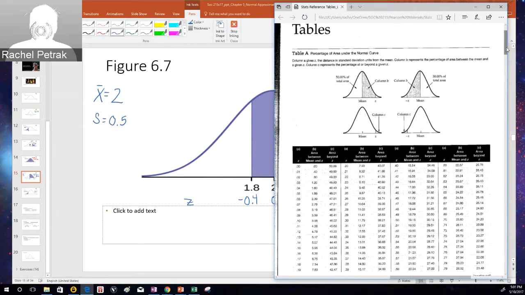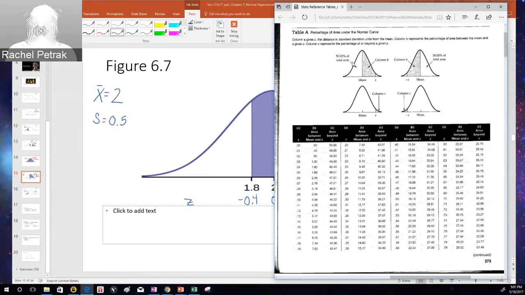And so in this table, you can see how they've laid out these proportions quite nicely. And here in column A, we have the Z scores. In column B, we have the mean to Z. So this is the middle column here. And column B measures the area from the mean to a z-score.